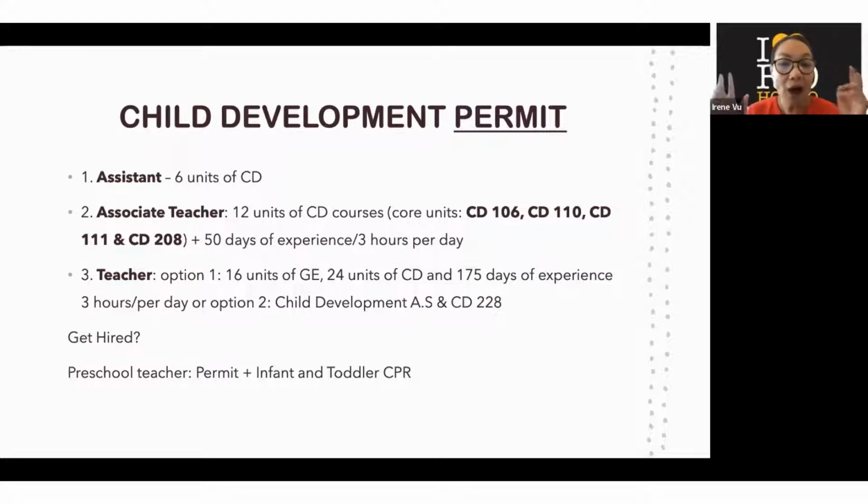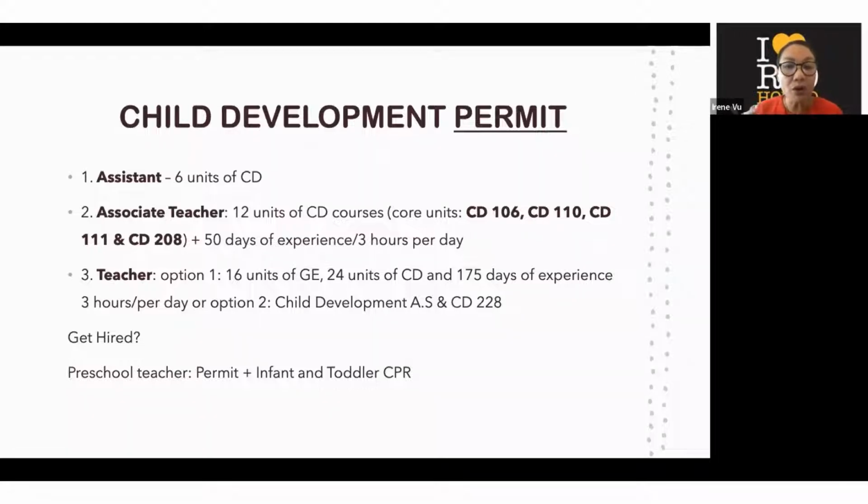But they limit the number of children in the classroom. So if that classroom has more kids than what the state requirement allows, then they need an associate teacher to help. Let's say in your area, one teacher can only work with 10 kids, but you have about 15 or 18 kids in your class, then they need to hire an associate teacher.